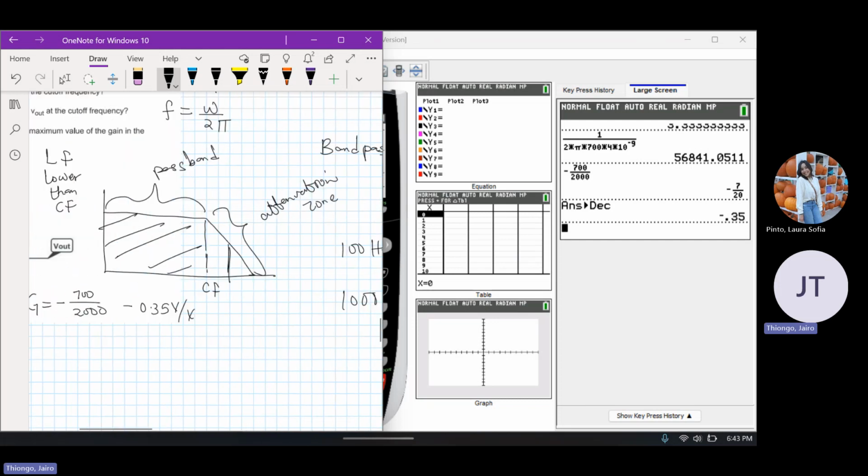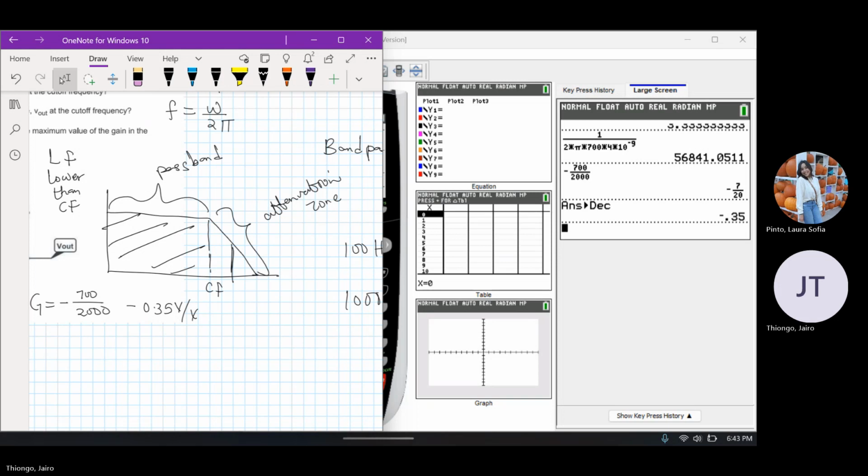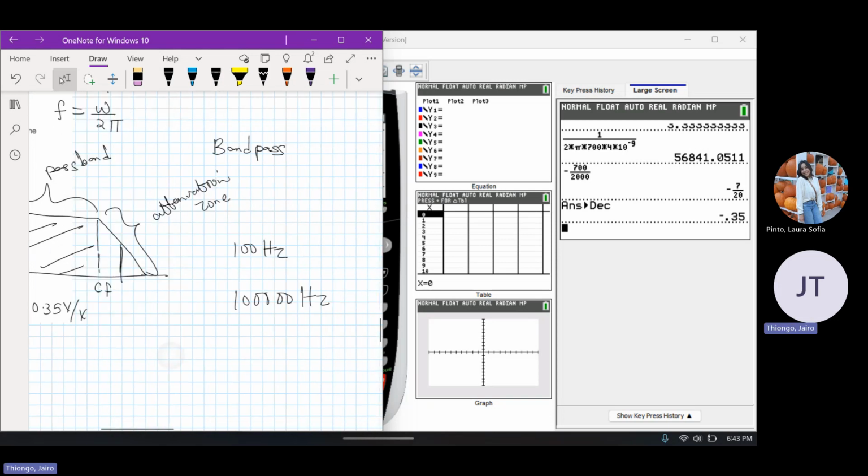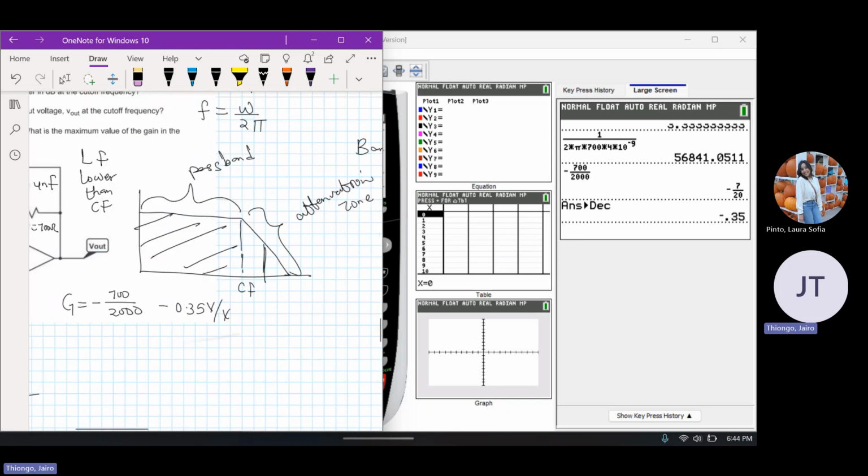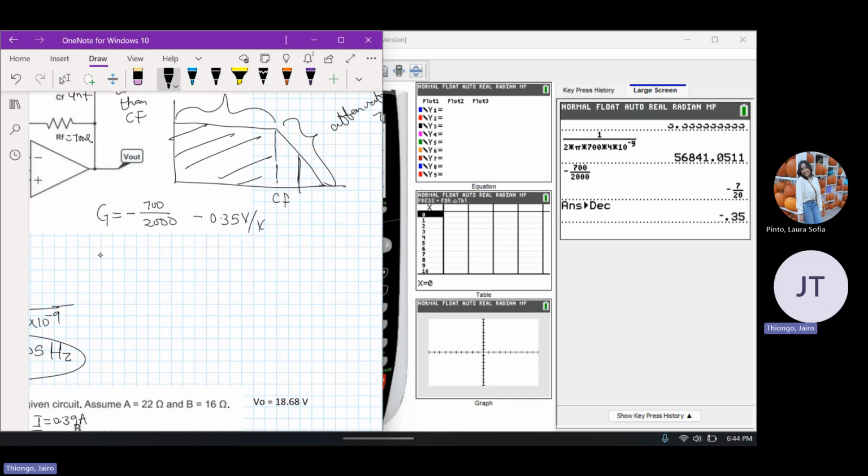And the logarithmic equivalent of gain is dB. So how do we convert that into dB? You have to know this equation, which you may have seen before. It's 20 log to the base 10 of the gain in volts per volts. However, if you plug in 20 log 10 of this value as it is, you'll get a non-real answer.